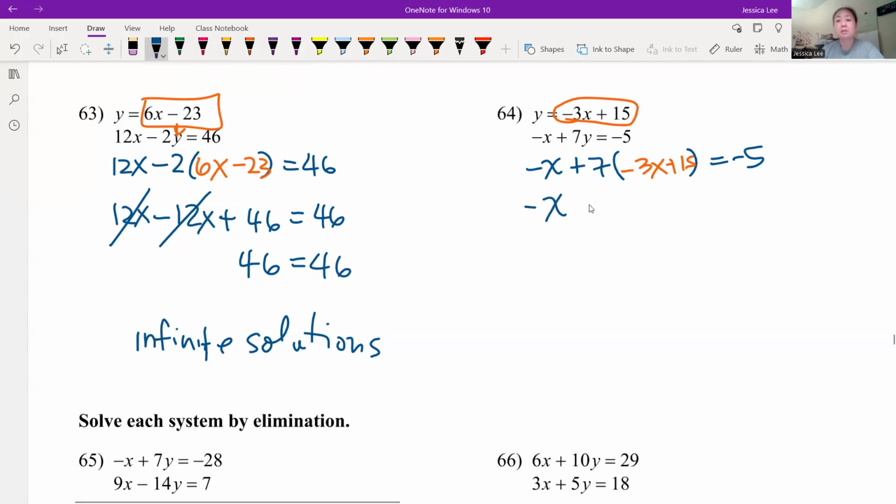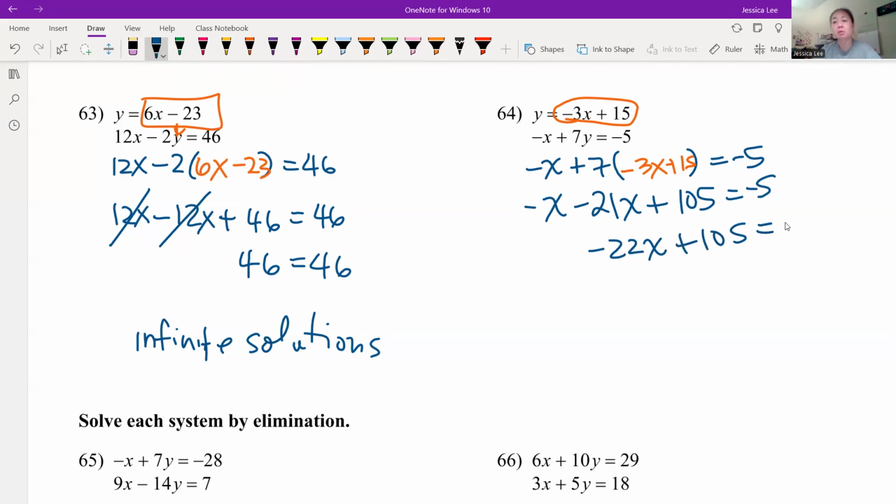So we got -x plus, just kidding, not plus. 7 times -3 is going to be -21x. 7 times 15 is going to be plus 105, is equal to -5. So again, like terms are on the same side, so it's just going to be -22x plus 105 is equal to -5.